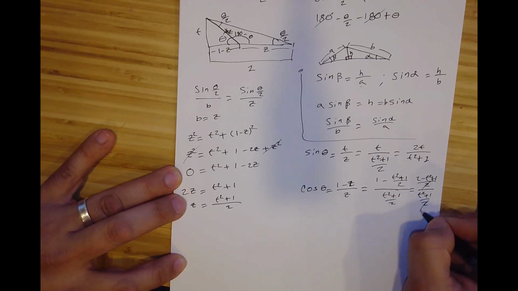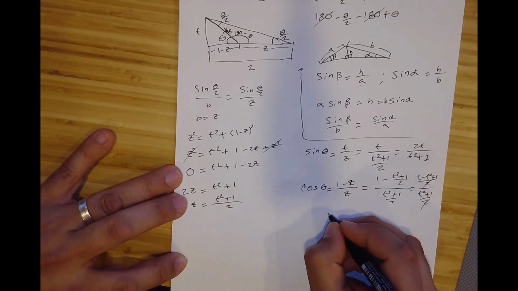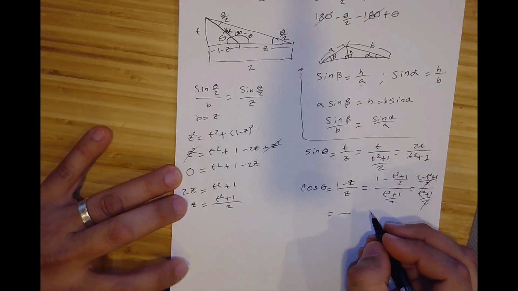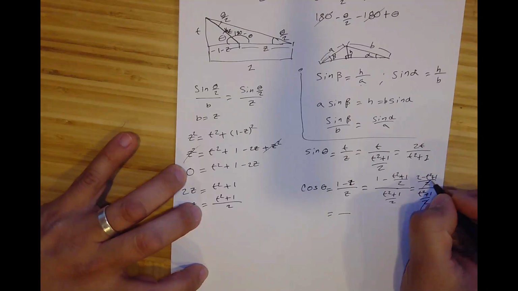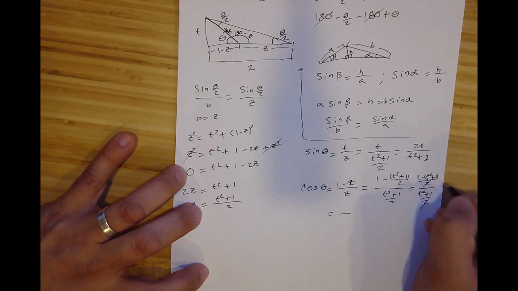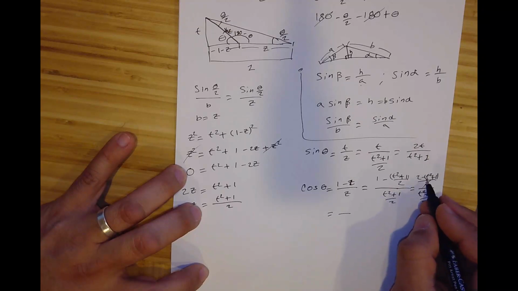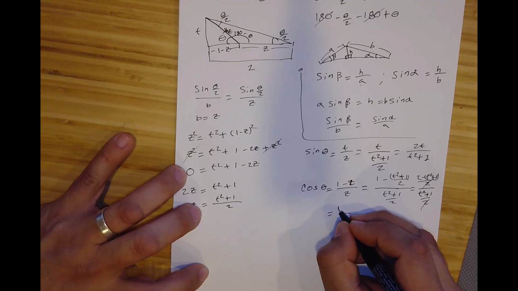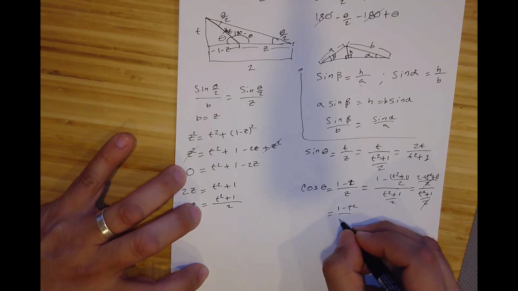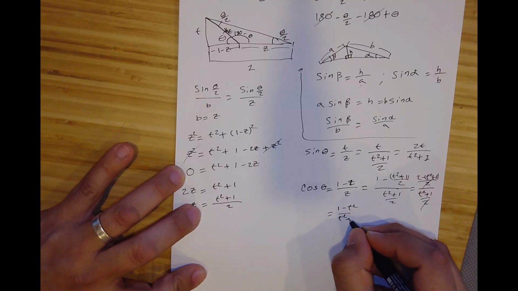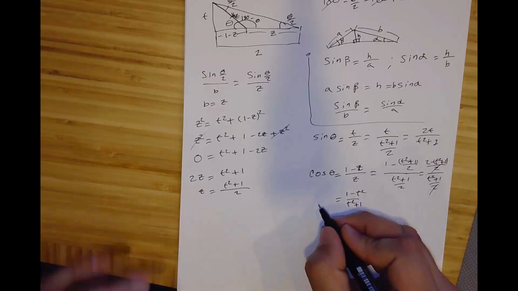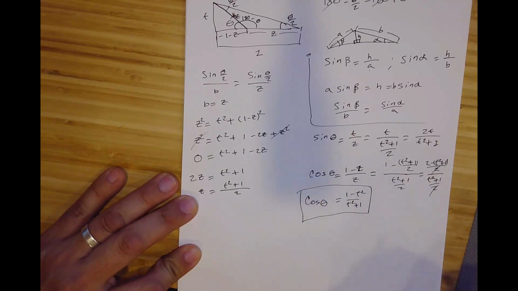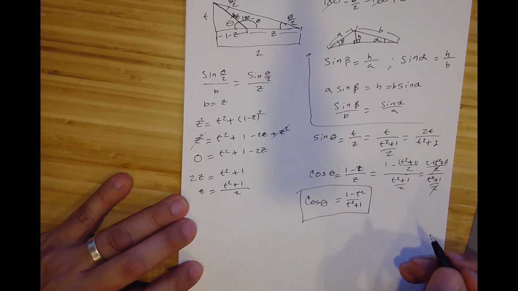We can simplify this, and that will be, this minus will go inside with the 1, so we will have 1 minus t squared over t squared plus 1, right? This is the cosine of theta using the half angle substitution.